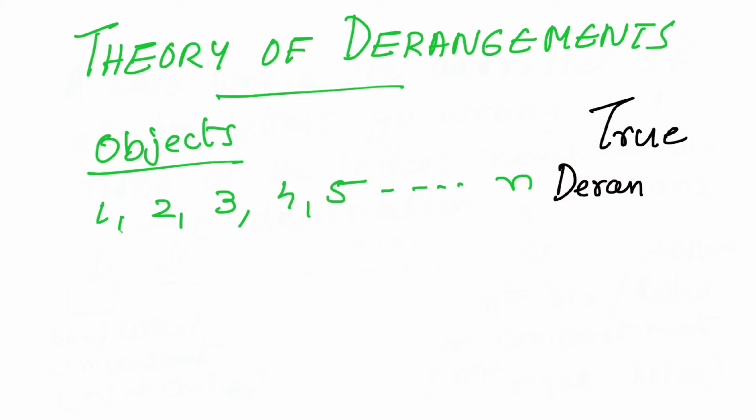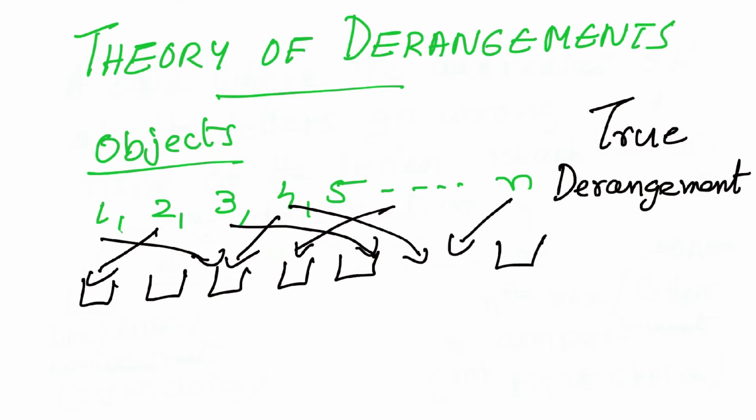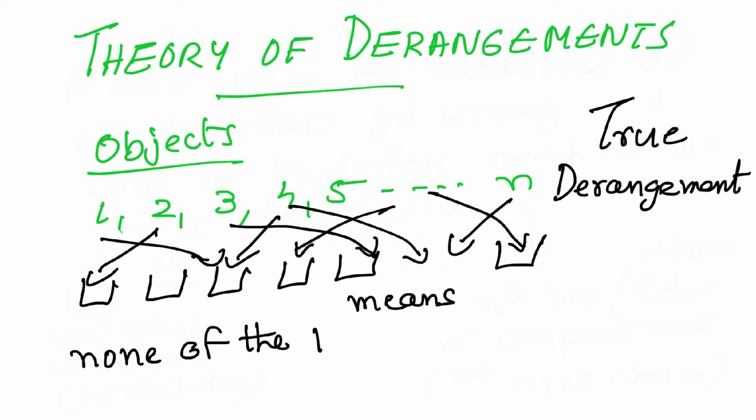Now, what's a true derangement? Derangement occurs when none of the placements are right. For example, in this case, 1, 2, 3, all the way up to n, if none of the placements are right, for example, the first letter or placement is going to the third position, something like so.